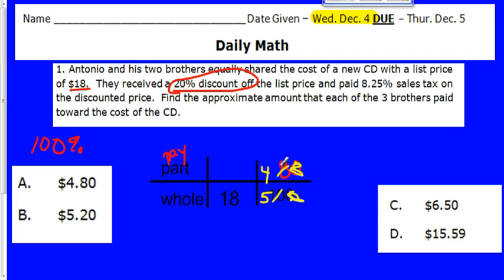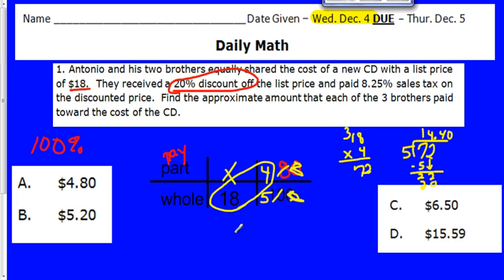Once I get 80%, which is 4/5, reduced down, there's still not a pretty scale factor, so what I can do is cross multiply and divide: 18 times 4 divided by 5. Okay guys, when I multiply 18 times 4, I get $72.